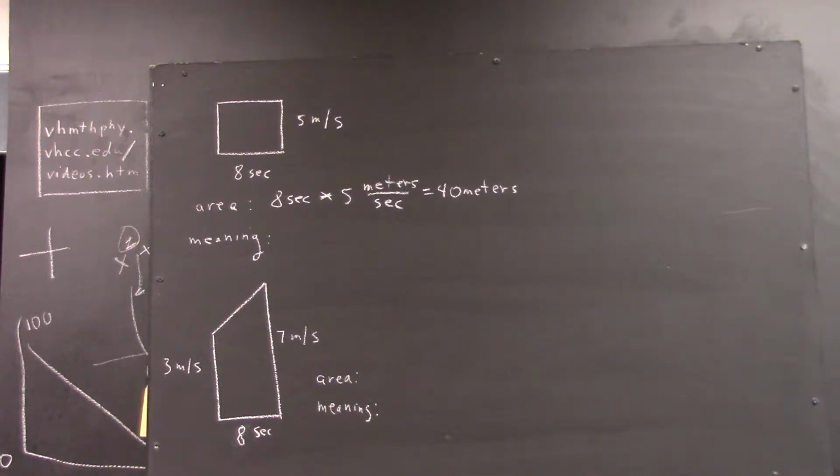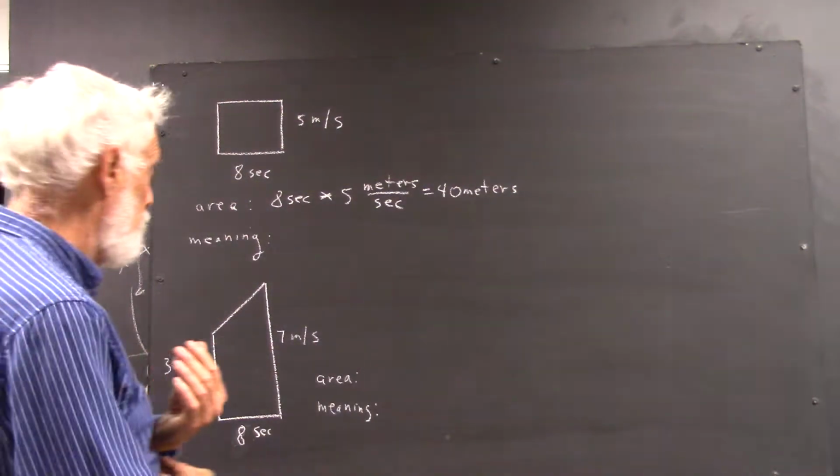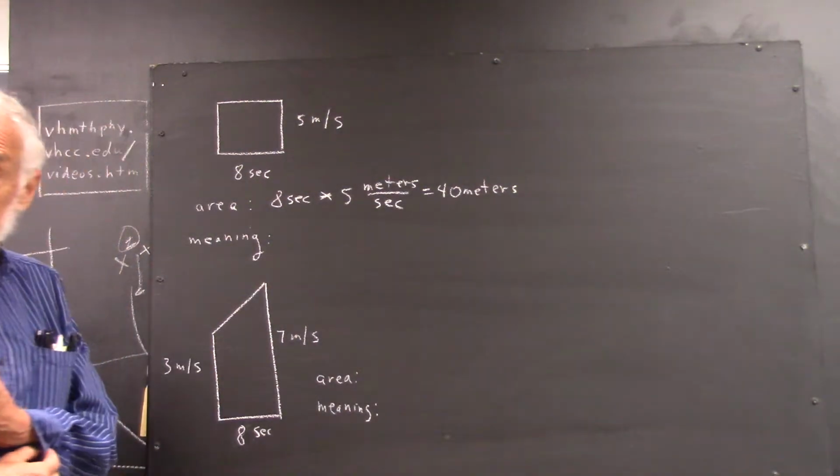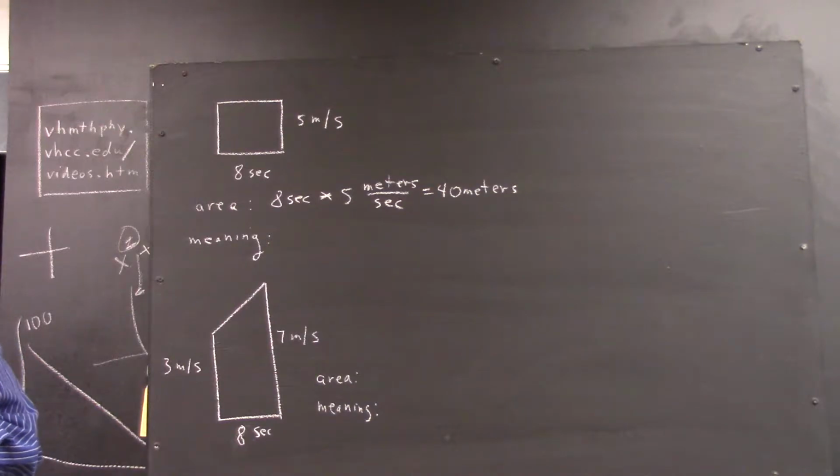Everybody think a minute and write down what you think that might represent. Now I can't give you too much time because if you happen to watch this video, we don't want a lot of dead space.